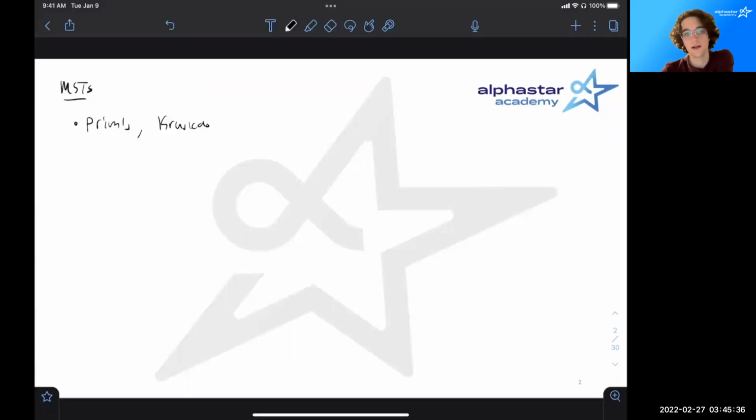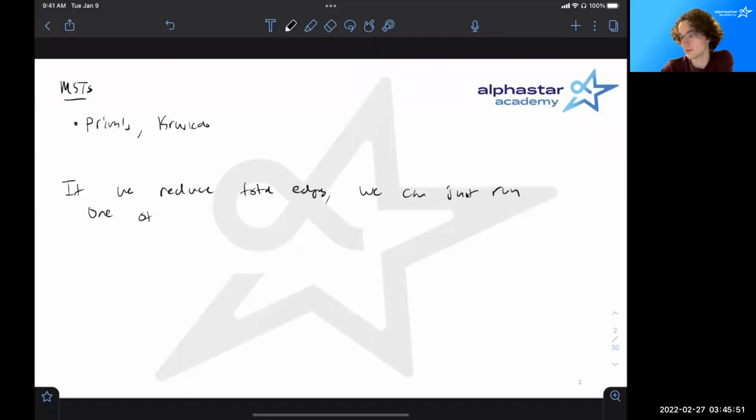These are standard algorithms for computing MST. So all I have to do is reduce the total number of edges.